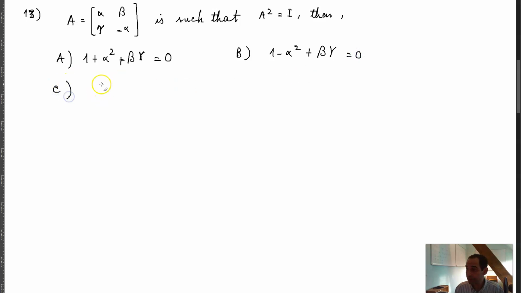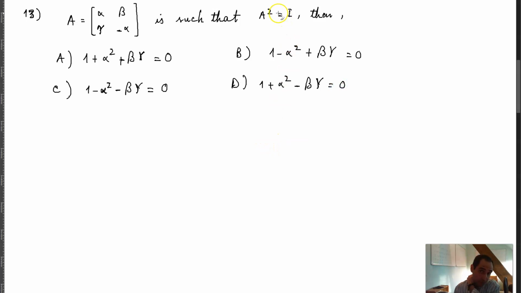Choice C is 1 minus alpha squared minus beta gamma is equal to 0. And choice D is 1 plus alpha squared minus beta gamma is equal to 0.